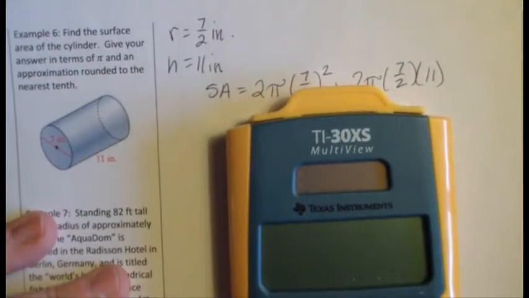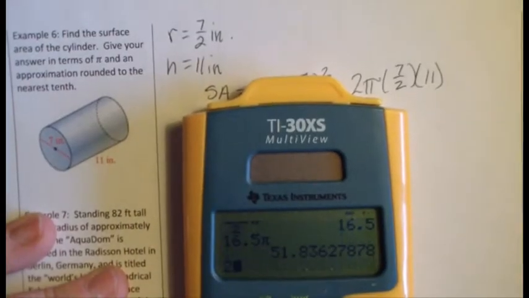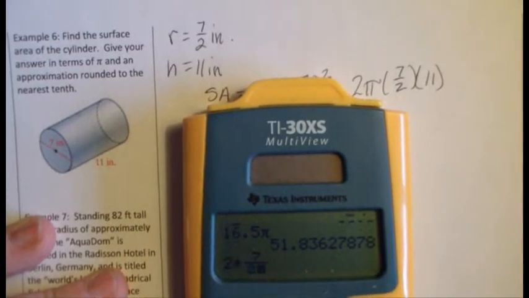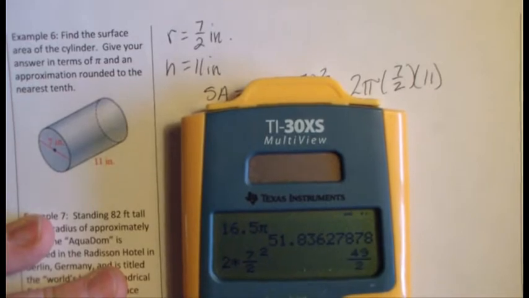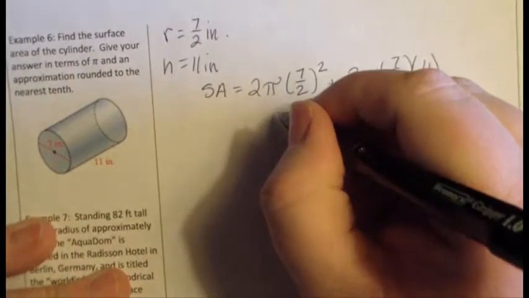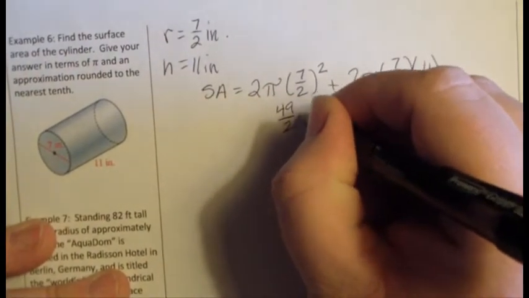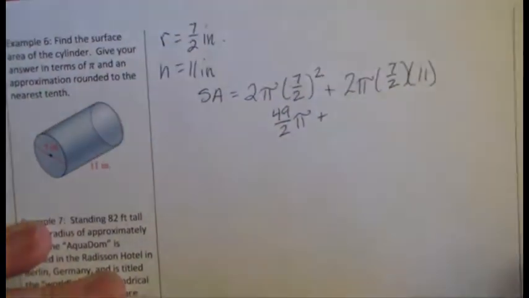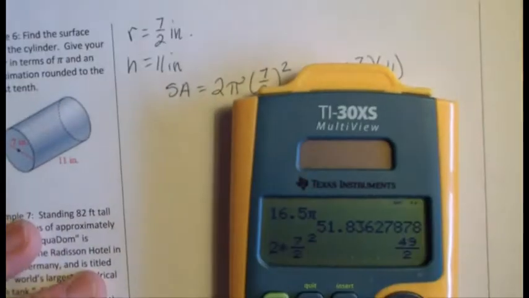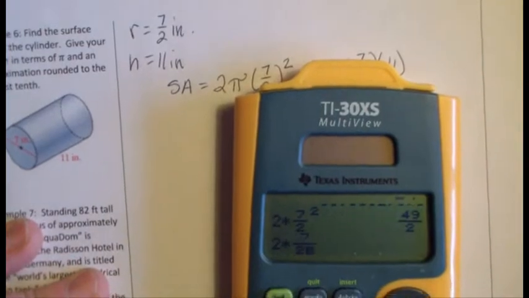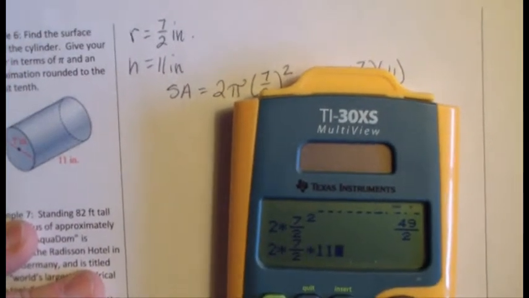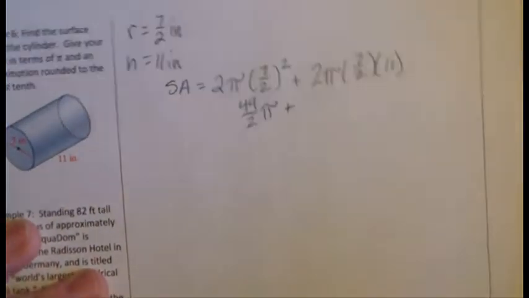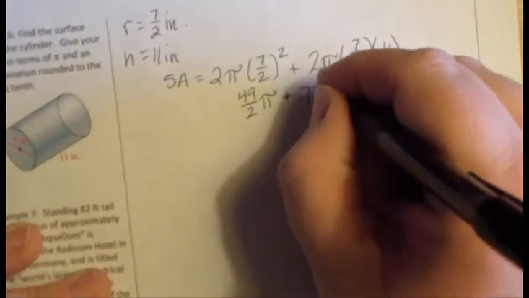So 2 pi times 7 over 2 squared. So 2 times 7 over 2 squared is 49 over 2. 49 over 2 pi plus 2 times 7 over 2 times 11 is 77. So 77 pi.